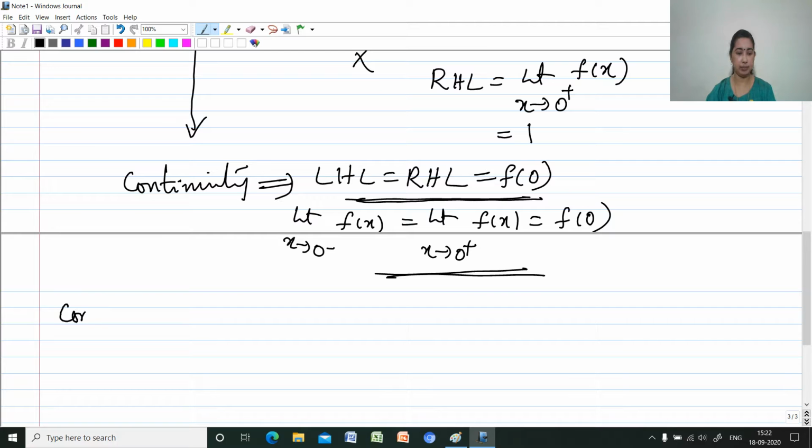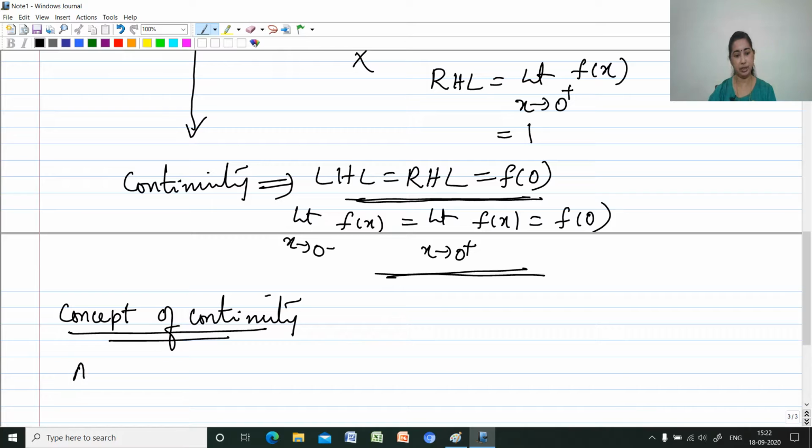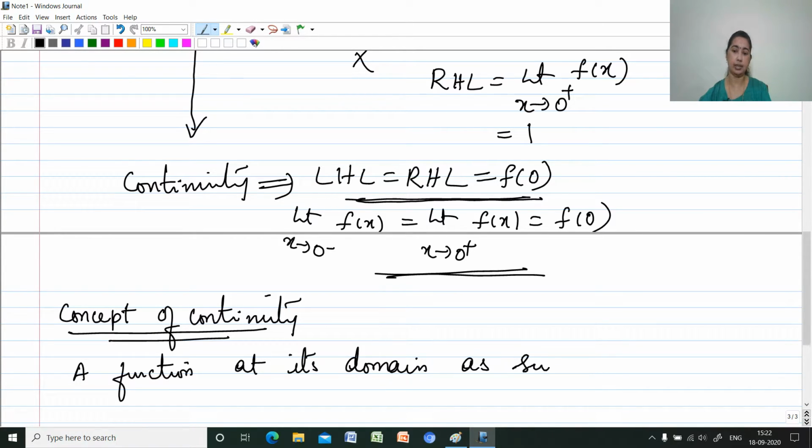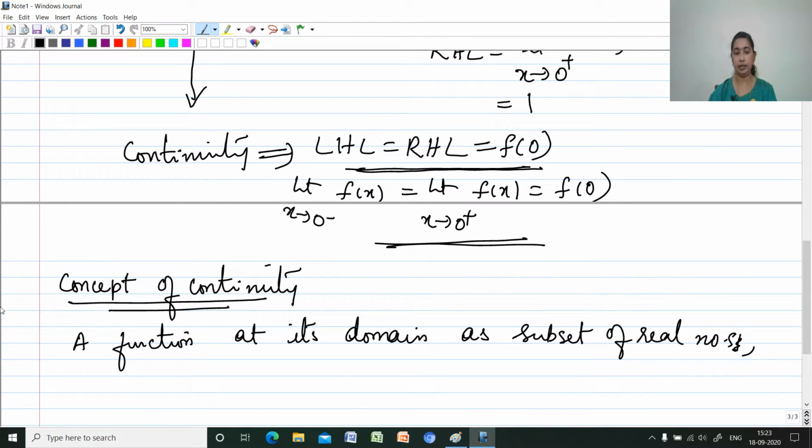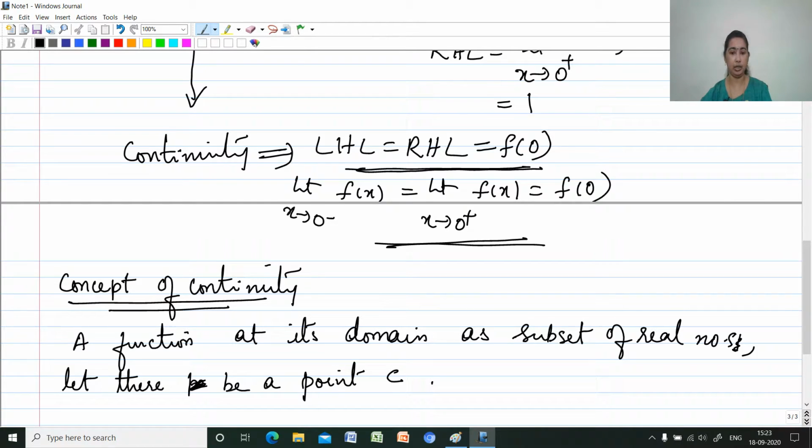So what is the concept of continuity? A function with its domain as a subset of real numbers. Let there be a point C in its domain.